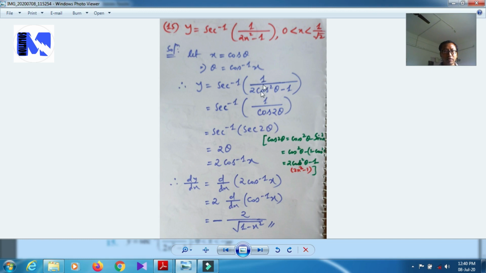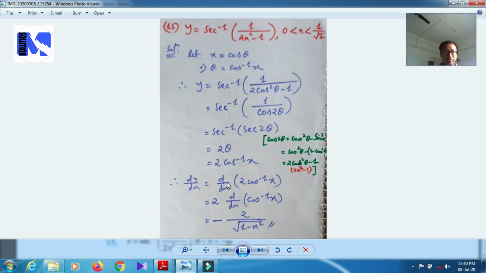So sec inverse of 1 by 2 cos square theta minus 1, as x equals cos theta is already taken. So sec inverse of 1 by cos 2 theta, and 1 by cos 2 theta means sec 2 theta, and it will give us 2 theta, that means 2 cos inverse of x. Now we are in a position to differentiate it easily.